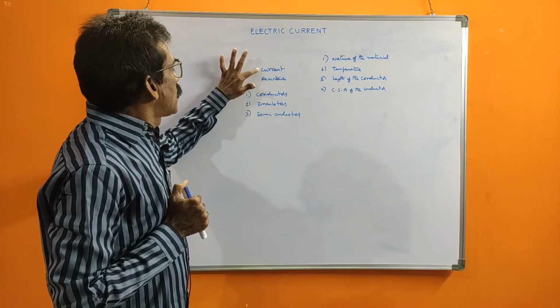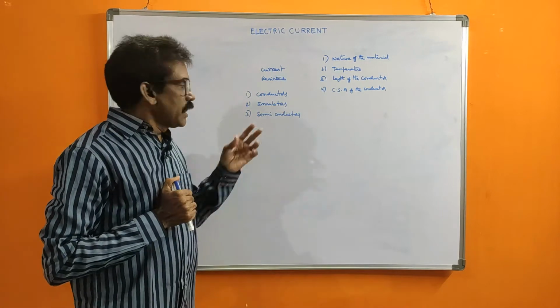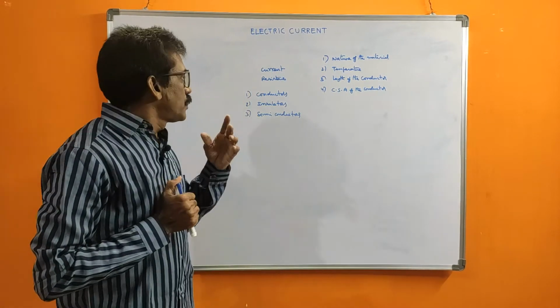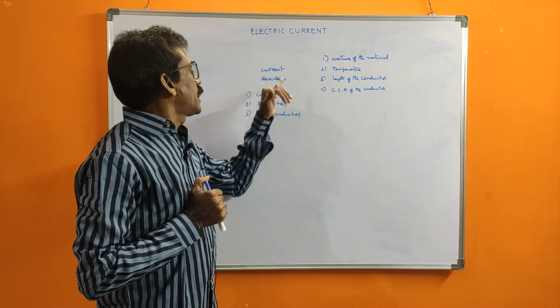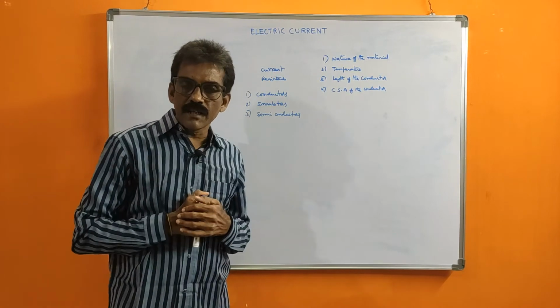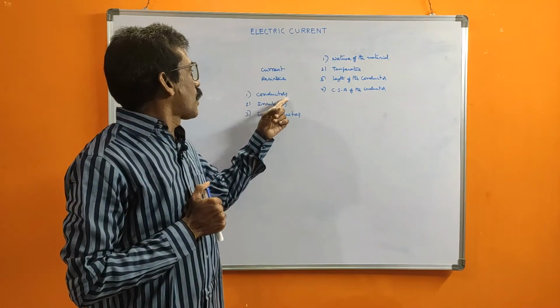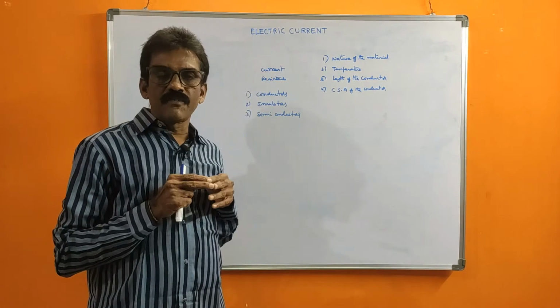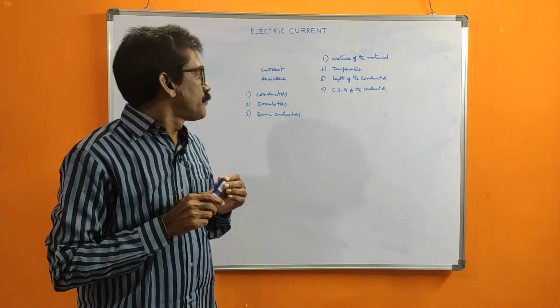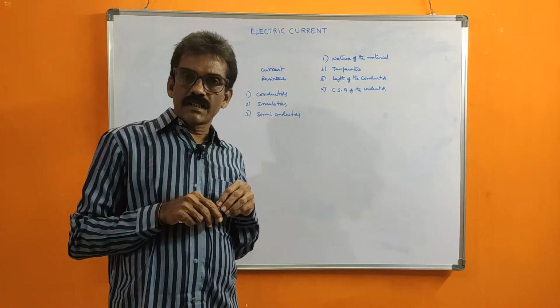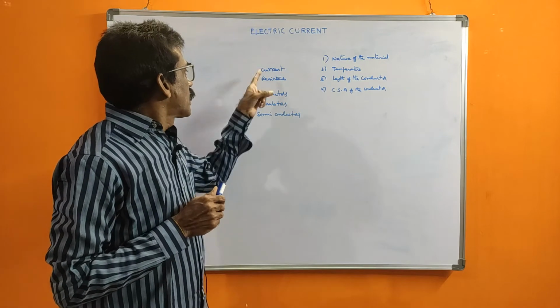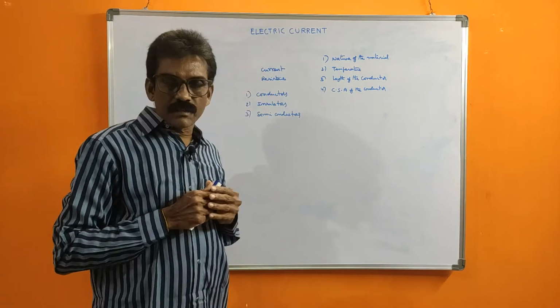First, I will tell with respect to current. Conductors are the materials which allow the free flow of current. If current flows freely, those are called conductors. Generally, conductors are metals. Next, insulators.